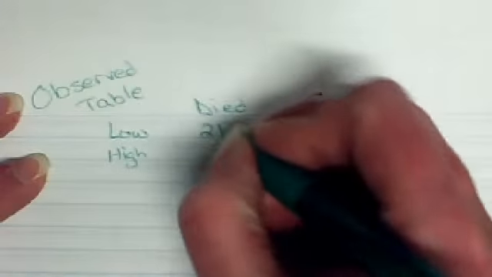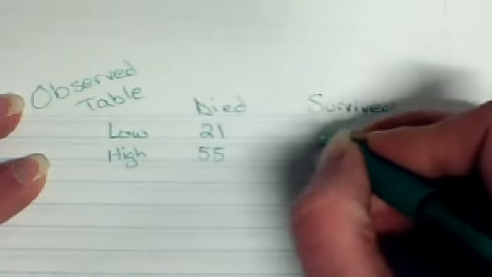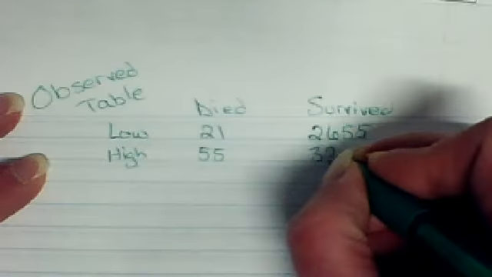So I'm going to copy down that data. A lot of this is going to be the same as the other chi-squared test. First of all, we have to have an expected value table, and the expected value is found by taking the row total times the column total divided by the total.